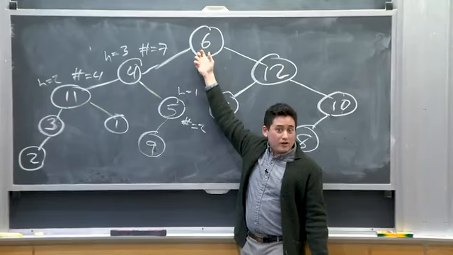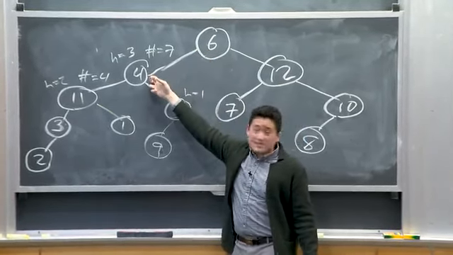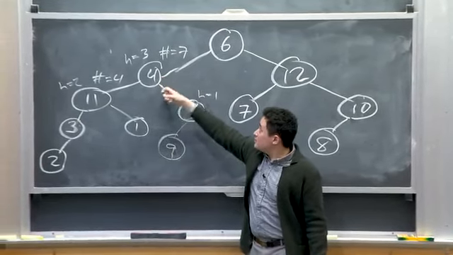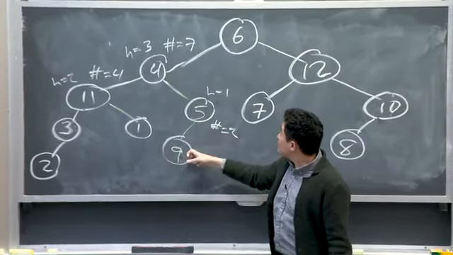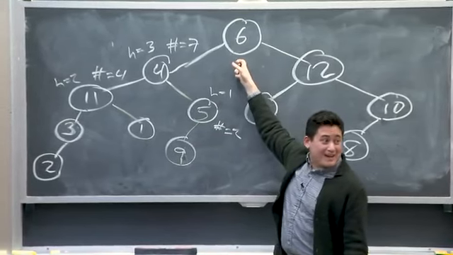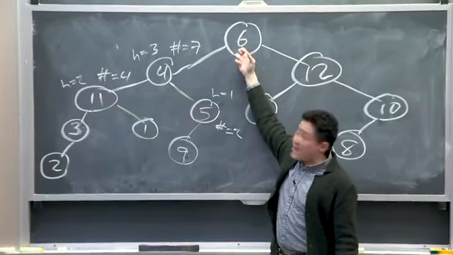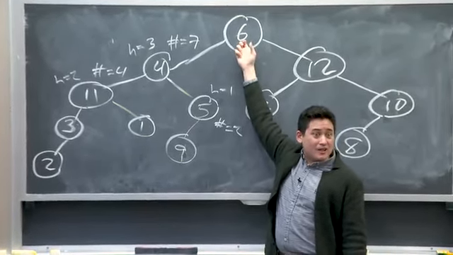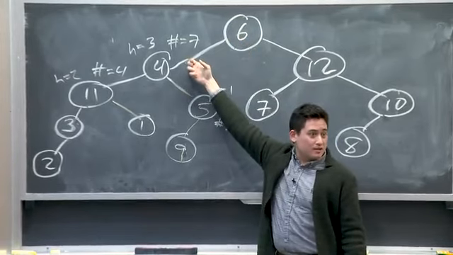How can I find out what index I'm at? From the root, I look at my left subtree and see how many there are. There are 7 things here: 1, 2, 3, 4, 5, 6, 7. I'm looking for index 8, so this is saying that I'm the guy at index 7. Does that make sense? Because I'm looking at the subtree size here.